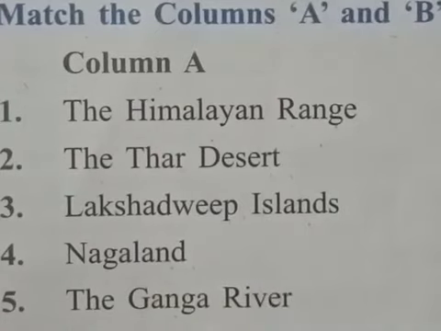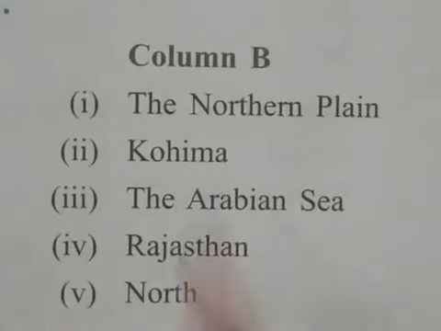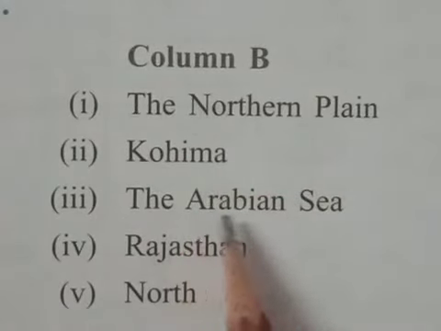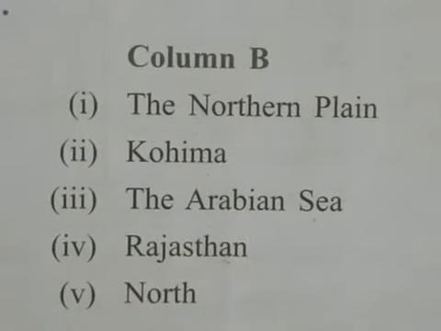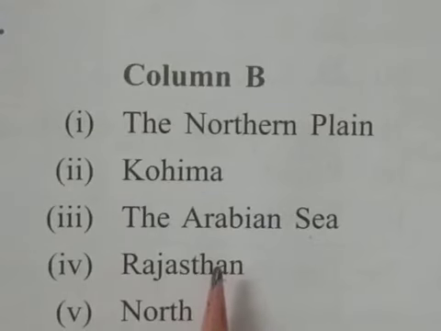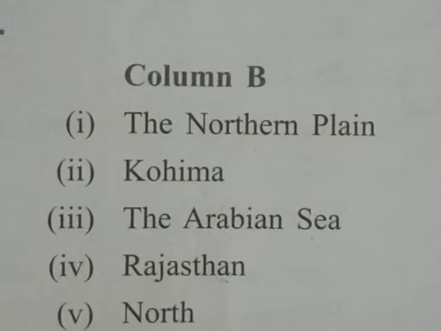In column B: the northern plain, Kohima, the Arabian Sea, Rajasthan, north. You have to use your brain and complete match the following in your book only. And the question and answers you need to write in your notebook with good handwriting.